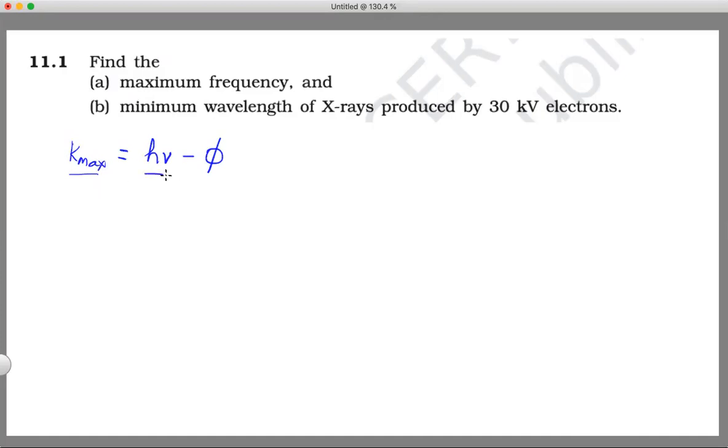The nu is the frequency of the incident light, h is the Planck's constant, phi is the work function of the metal surface. The same thing we need to be able to articulate in different ways. For example, K max is also equal to e V naught, where V naught is the stopping potential.